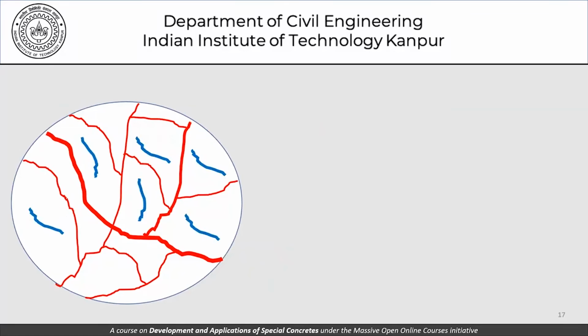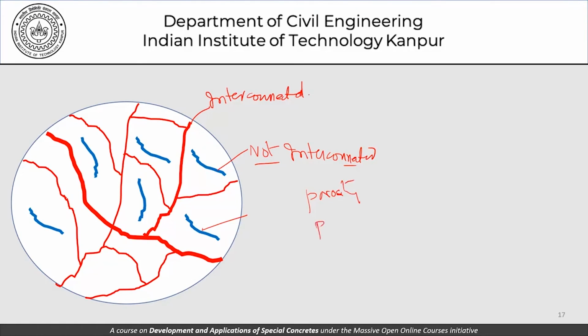Now we are introducing a complexity. Here are these blue pores. The red pores are interconnected. The blue pores are not interconnected. Now the question is, will the blue pores contribute to the porosity of the concrete, or will they contribute to the permeability of the concrete?